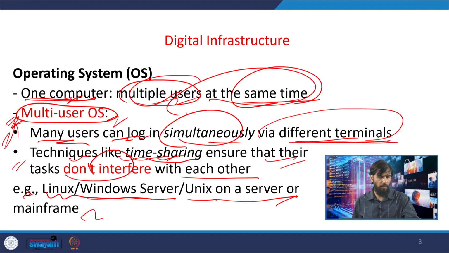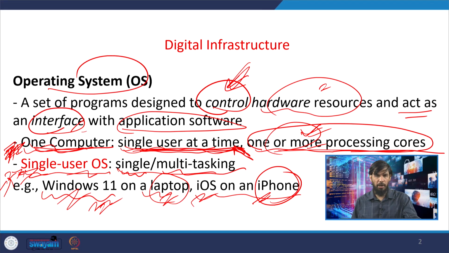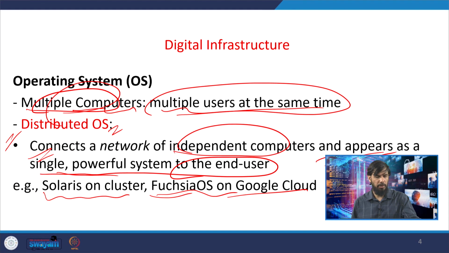In the original scenario, the single user OS, we just have one computer and a single user accessing at a time. It could be Windows 11 on a desktop or laptop, or a laptop and iPhone. So three main scenarios: single user OS, multi-user OS, and distributed OS, catering to different scenarios. The operating system will have slightly different features to support these different scenarios.